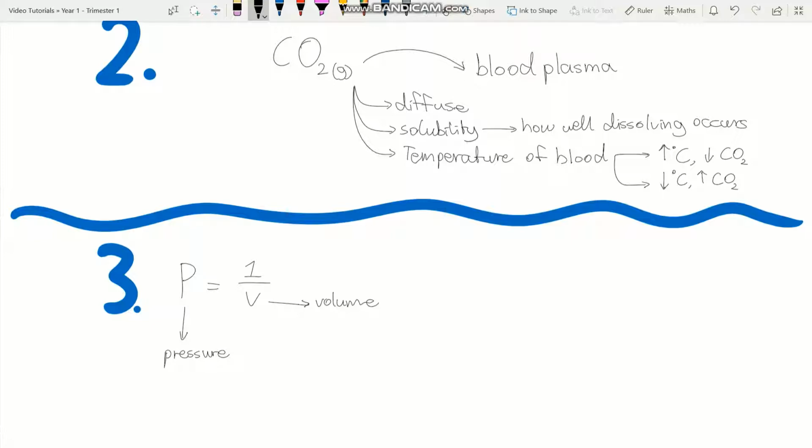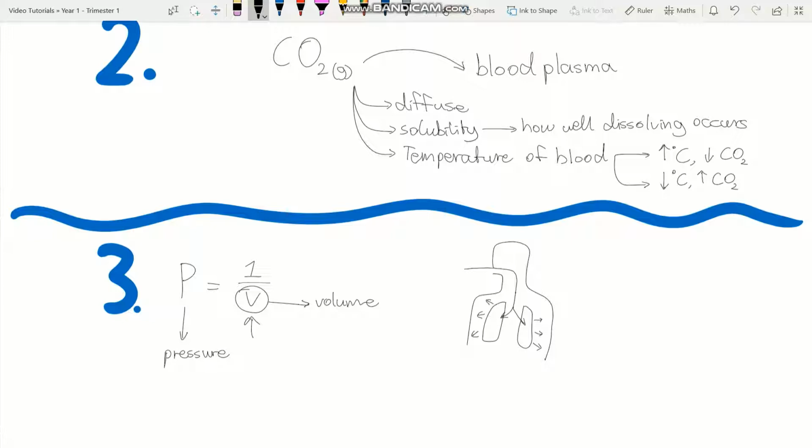Let's take an example. When we breathe in, if I crudely draw a person here, air comes in through the mouth into the lungs, and the reason why it comes in is that when we breathe in, we expand the lungs. This, according to Boyle's law, means that the volume increases.